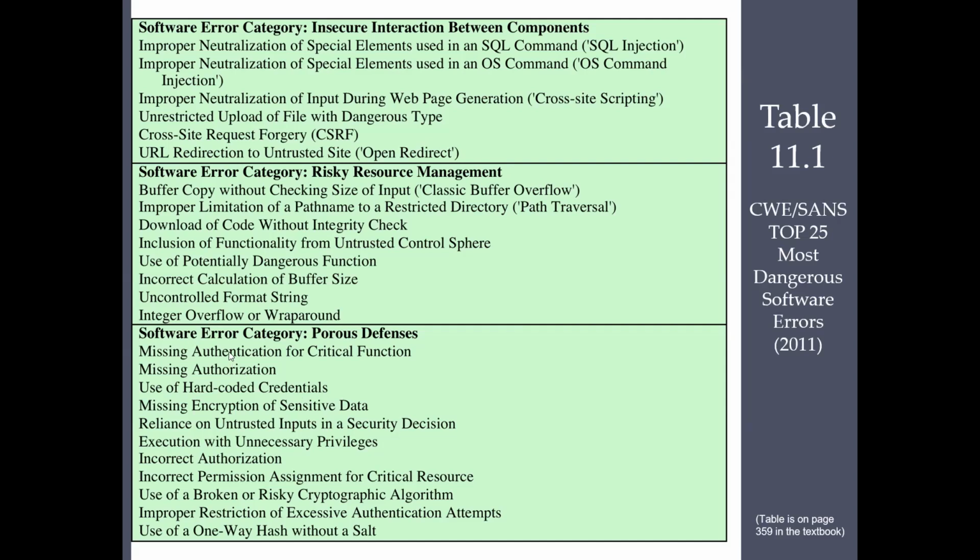And then there is a third category of software error we call porous defenses. A porous defense is where you have software that, in order to work with trusted data, has to have authentication, has to have authorization. This has to get back to the AAA: authentication, authorization, and auditing, right?